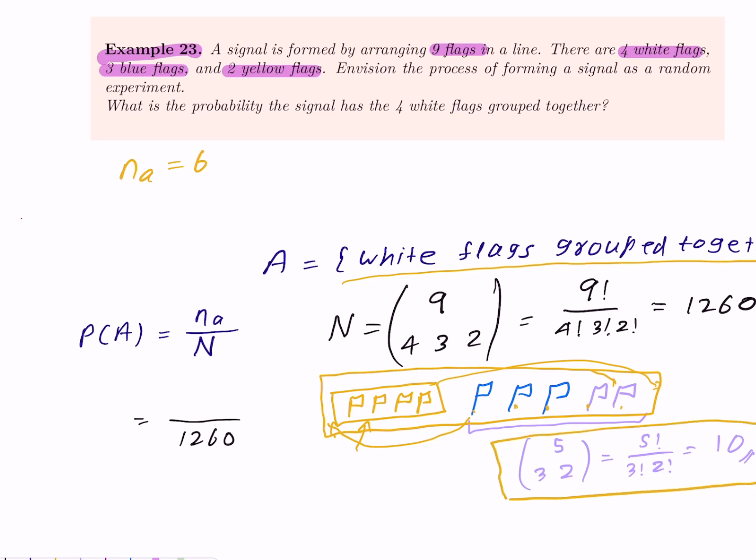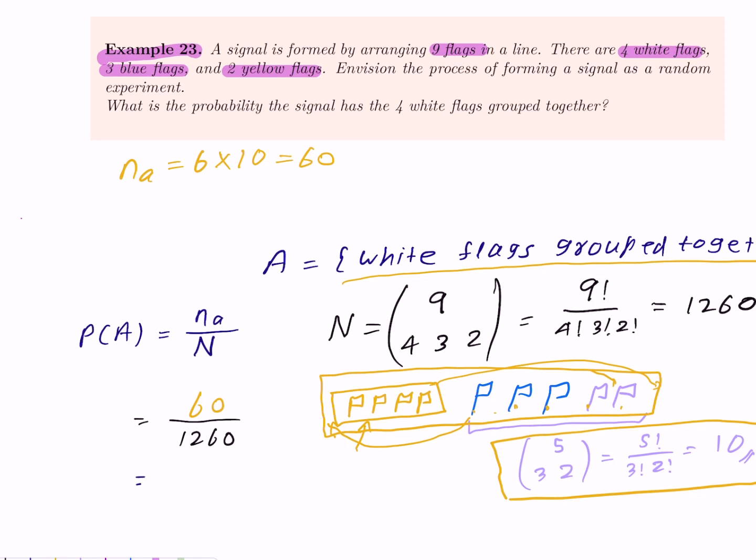Six ways, and also you can change these five, right? Therefore we have 10. Then to find the total, by the multiplication rule, 6 times 10 equals 60. So that is the N(A). You see that?